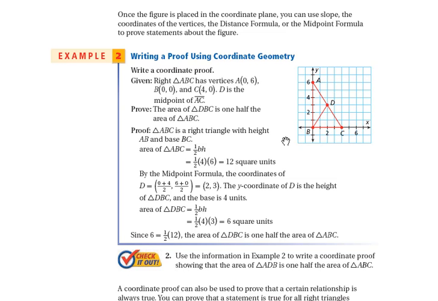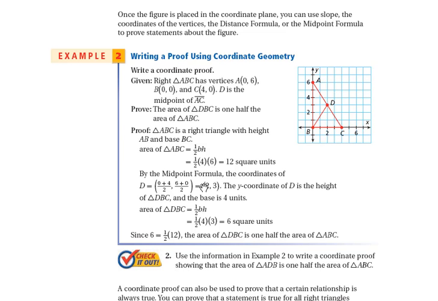Basically the way that this is done is you first find the area of the big triangle ABC, and the area formula of a triangle is 1/2 base times height. And if we locate this big triangle here with one of the vertex points at the origin, it's real easy to count the units here. So the base would be 4, the height would be 6, and if you do the math, we get 12 square units.